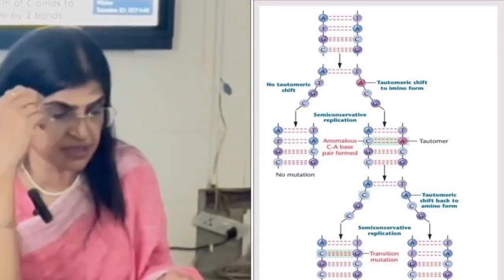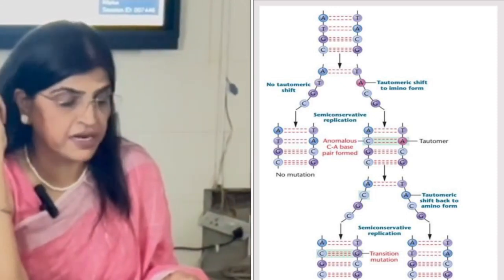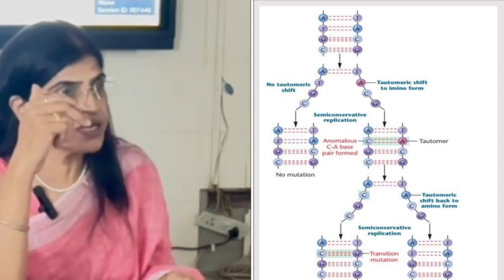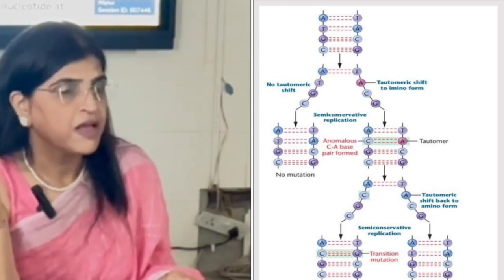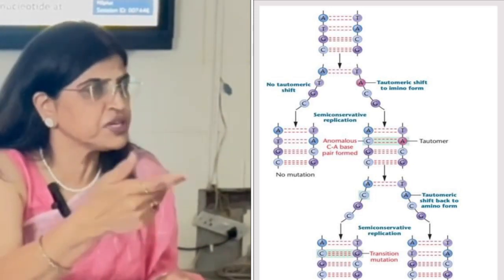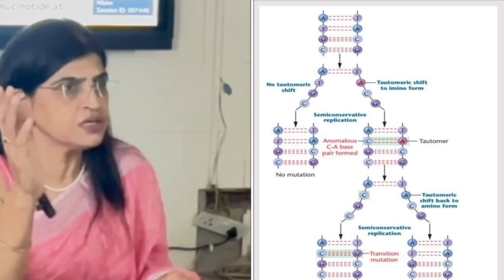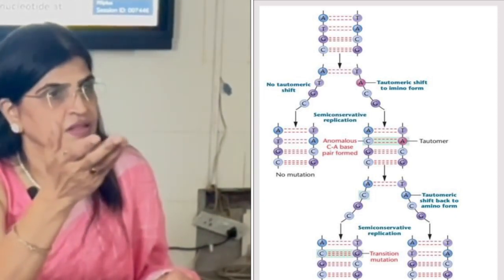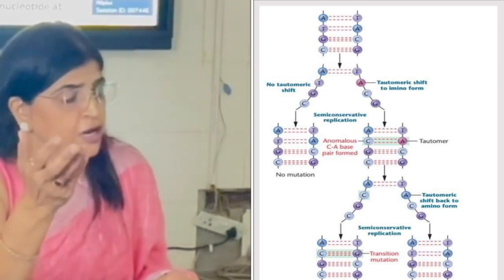So if you see the base pairing, I've just shown the tautomeric shifts in the replication of DNA for the next few generations. You see that during semi-conservative replication, it leads to a shift in the base pair and it leads to transition mutations occurring. So tautomerism is another phenomenon which is very common and which leads to mutations in the normal cell.